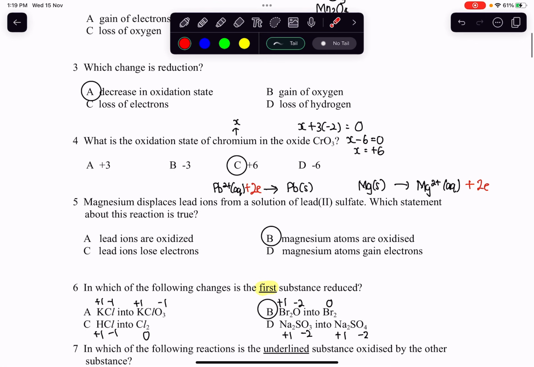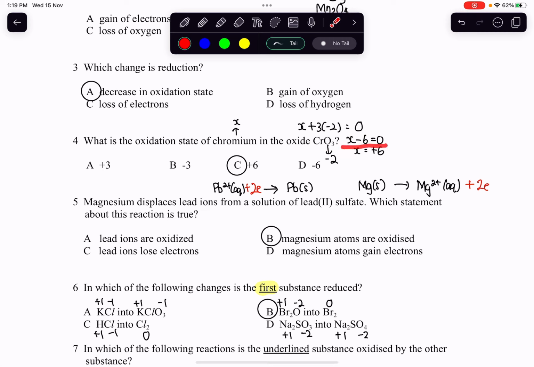What's the oxidation state of chromium in the oxide CrO3? We assign a value of x, like algebra, to the chromium because they're asking you to solve for the OS of chromium, which means that it is unknown. The oxidation state of each oxygen is -2 based on the rule, so you have x plus 3 times -2 giving you 0 because there's no charge in this overall compound.